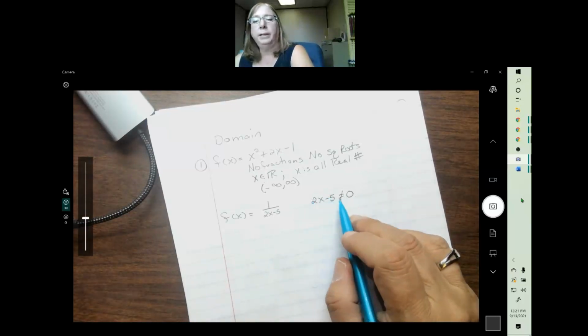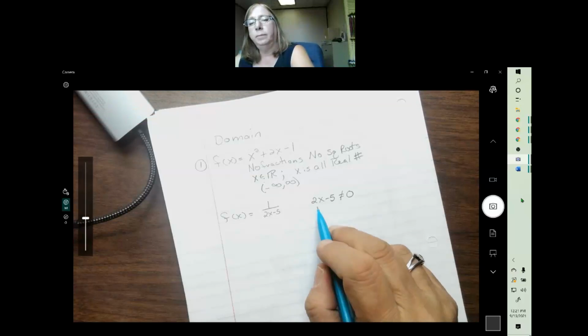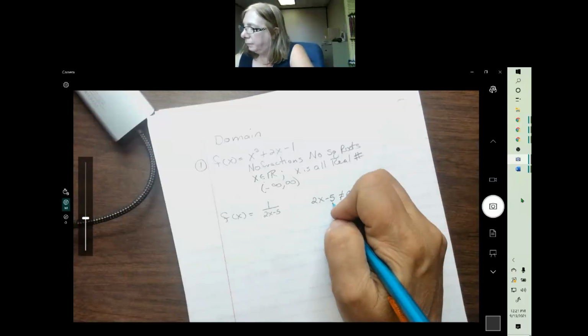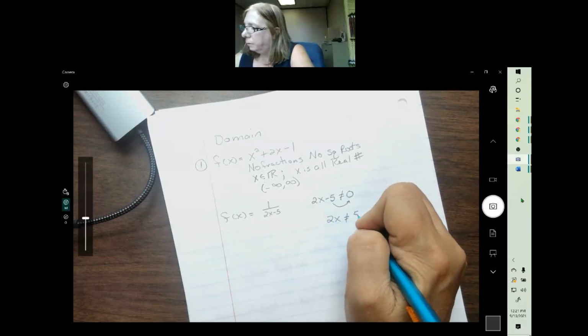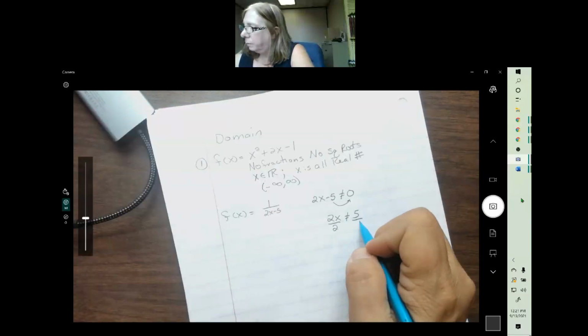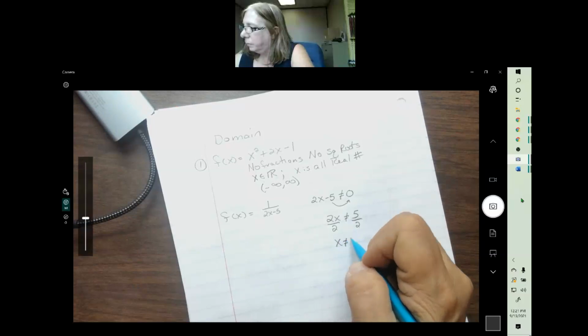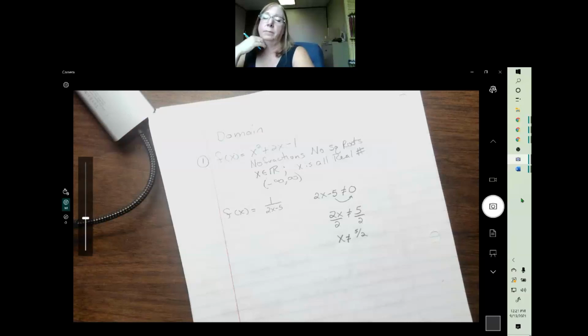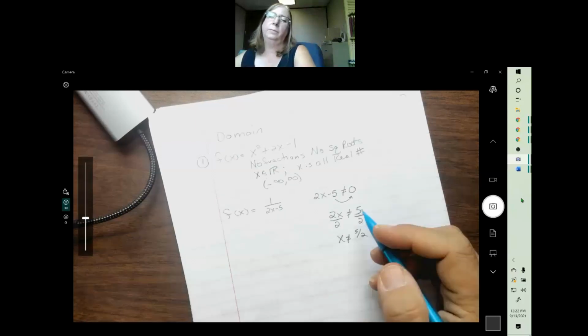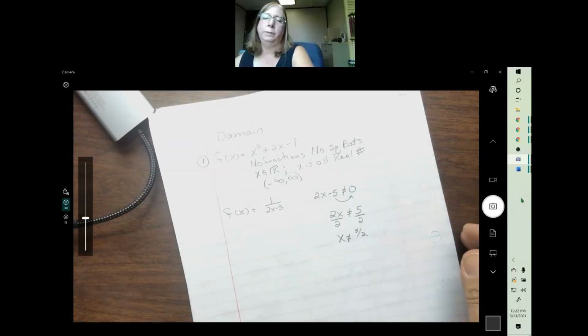But we know the bottom cannot equal 0. Solve for x. Add the 5 and divide by 2. So x can be any value except for 5/2. Any questions on that? So on a fraction, set it not equal to 0 and just solve.